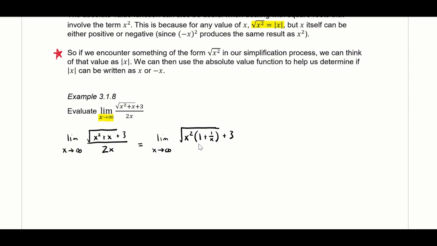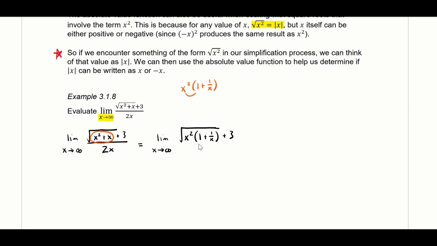So basically I'm rewriting this so that if I were to distribute this x squared back in here, I would get the original expression. And if it's been a while, or if you're not comfortable doing that, sometimes it helps to work backwards and check your work. If I distribute that x squared back in there, do I get this?